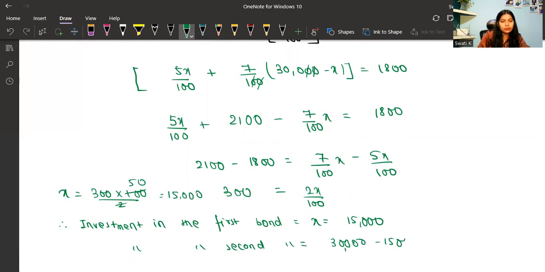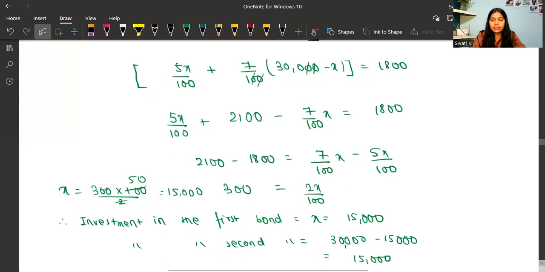Oh, I'm making some mistake. No, let me check. No, it is correct. The second is going to be simply 30 minus 15, that is 15,000 only. So it's 2x is 300, 300 times 100 upon 2, that is correct.